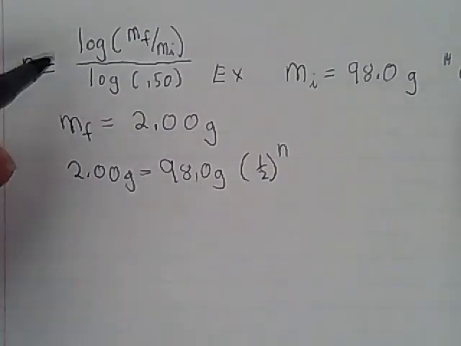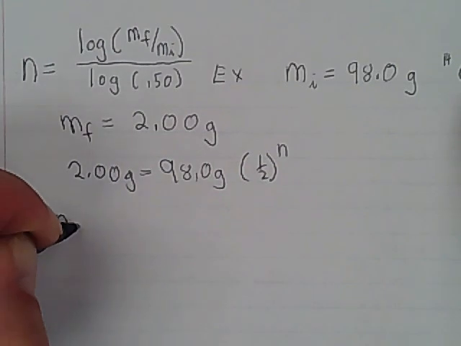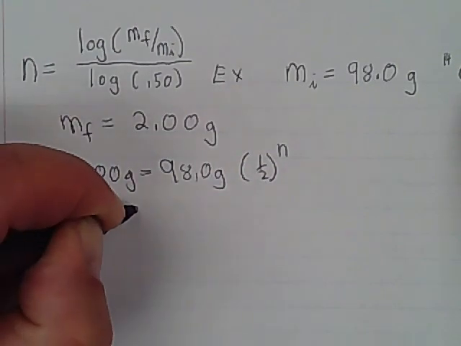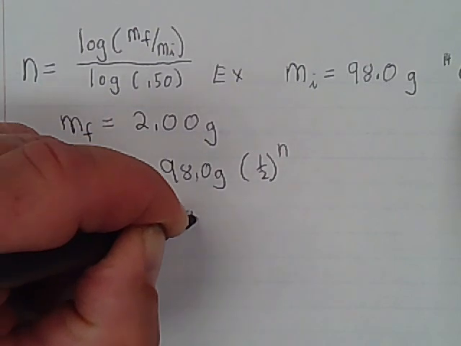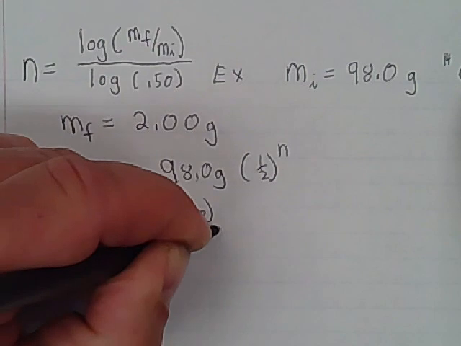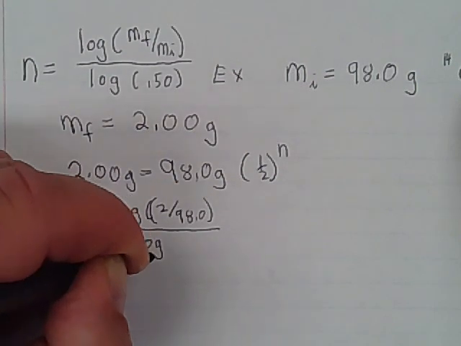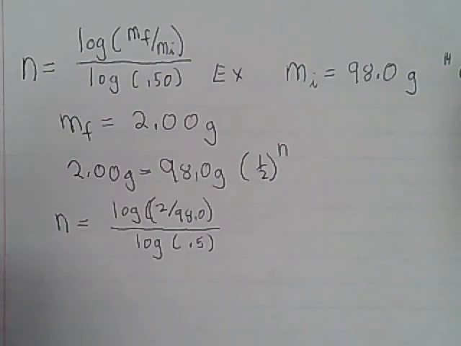Thanks to modern math, we could say that n is the log of 2 divided by 98, and yes, make sure you do it in that order, divided by the log of 1/2.